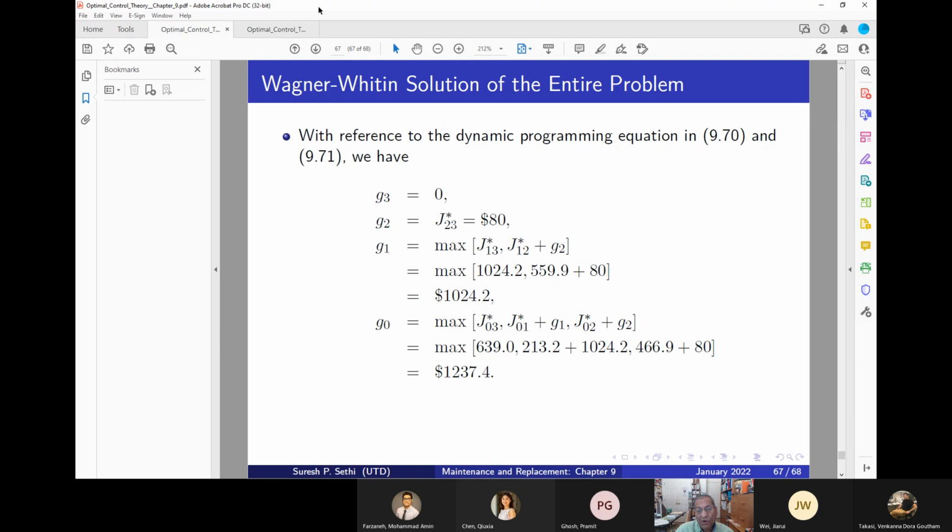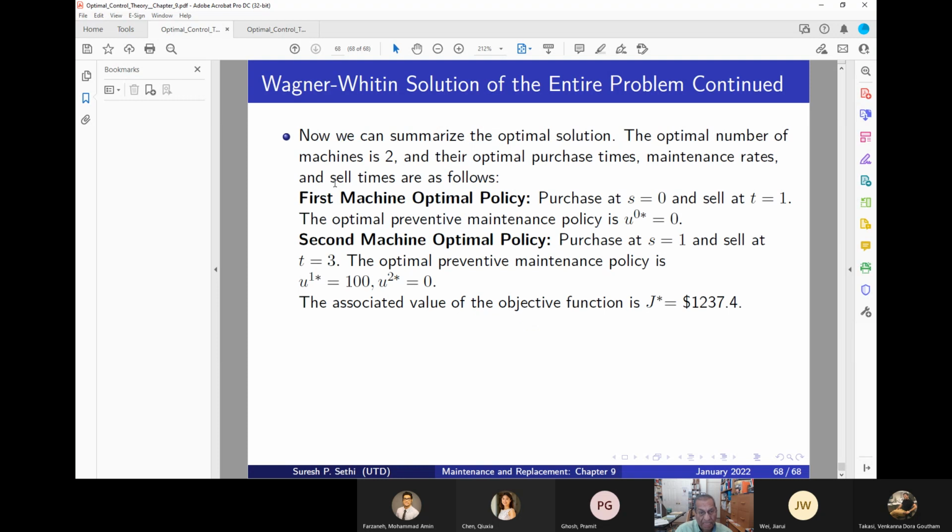And then we go back to find out what happened, because the G0 of 1237.4 came from this one. It came from J01 star and G1, so we just go here. So we can summarize the optimal solution.